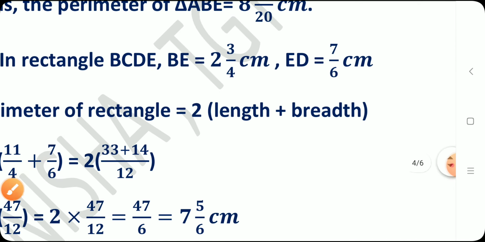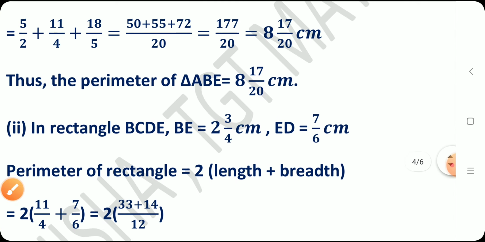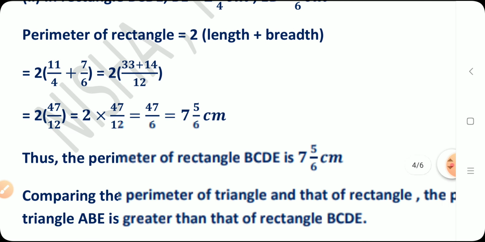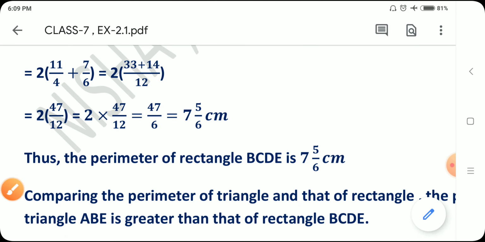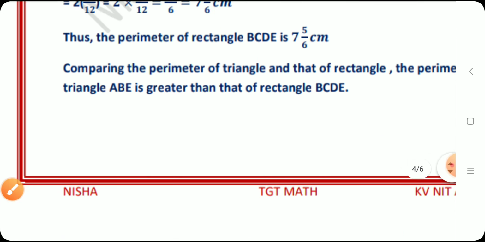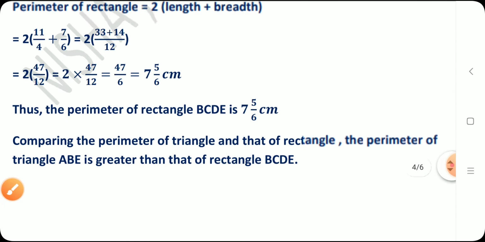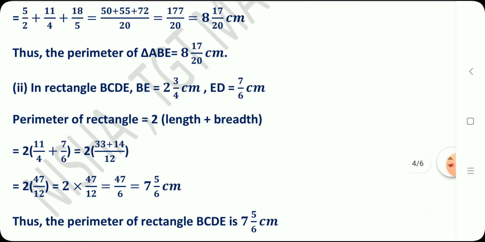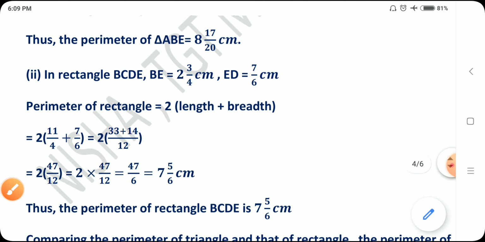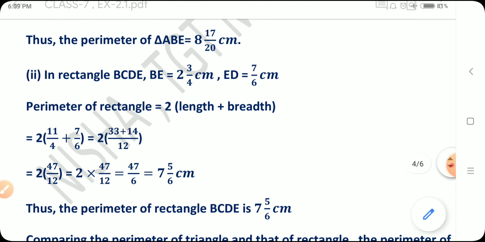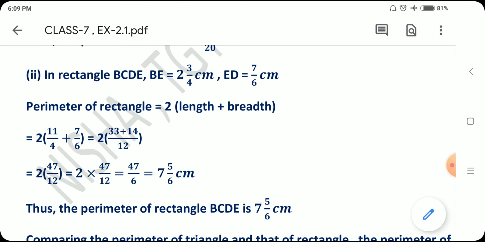So you see that the perimeter of the rectangle BCDE is greater. You will compare these two terms. Now you have to check, how will you check?